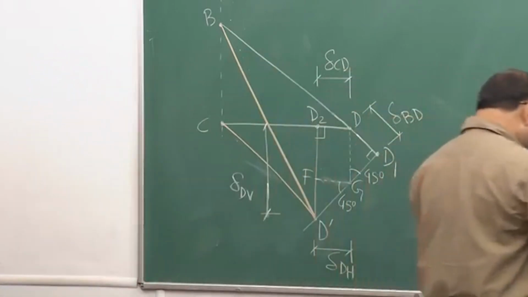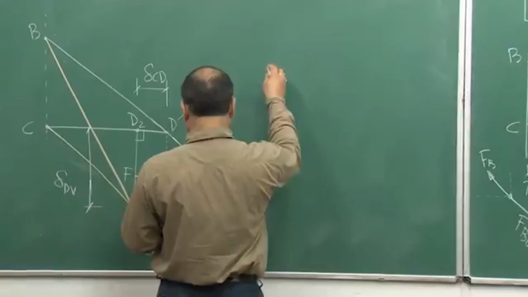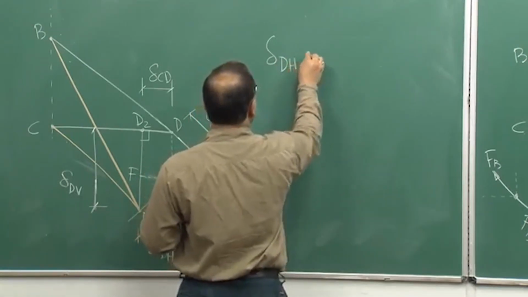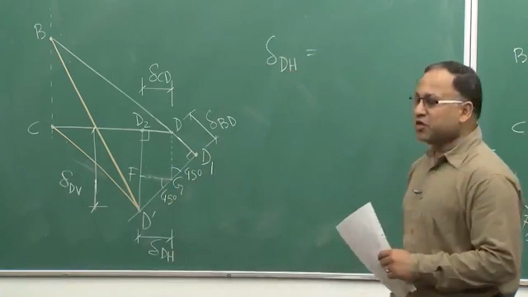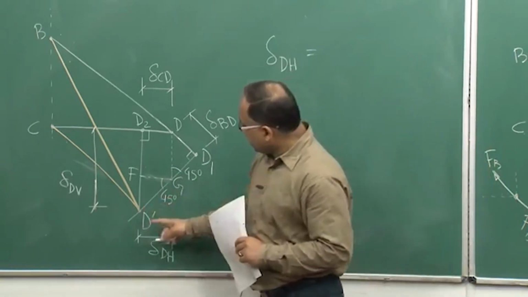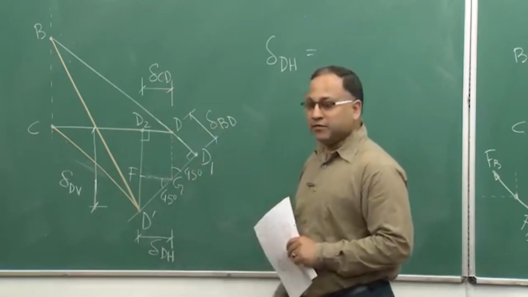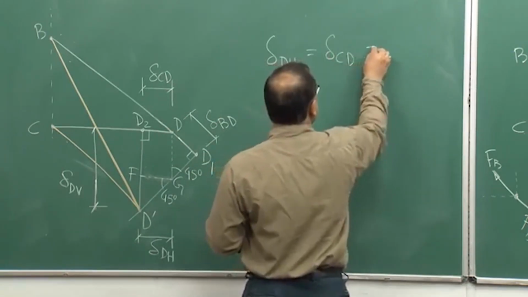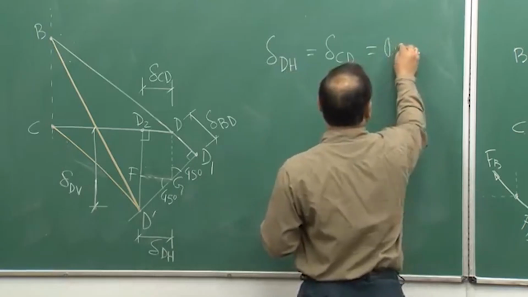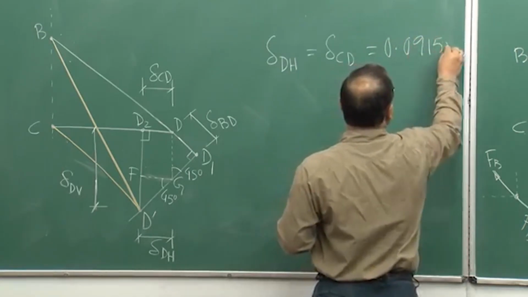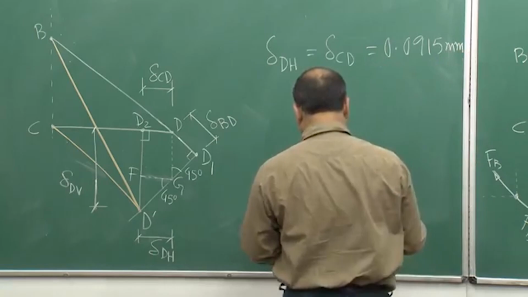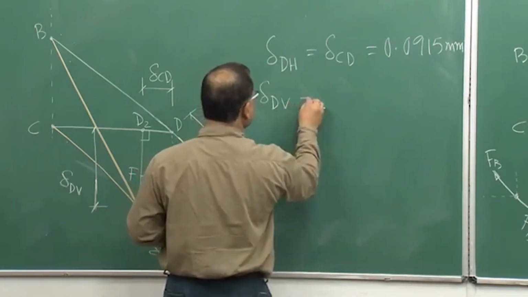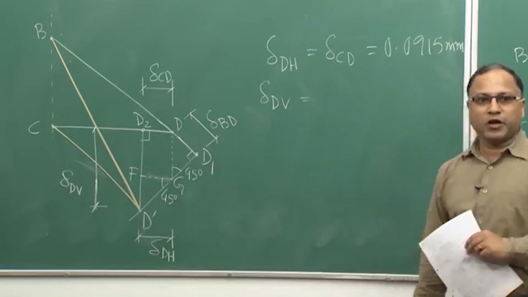Okay. So, if it is so, then from the figure it is very clear that delta DH, that means the horizontal displacement of point D, is equal to delta CD. You just look at this figure, delta CD is nothing but 0.0915 millimeter. And what about your delta DV, that means the vertical displacement of point D?